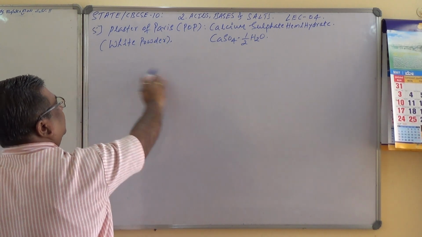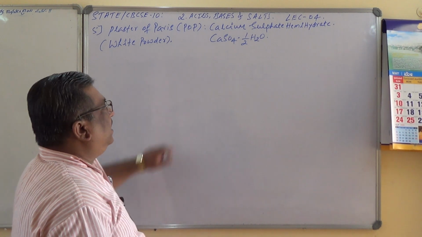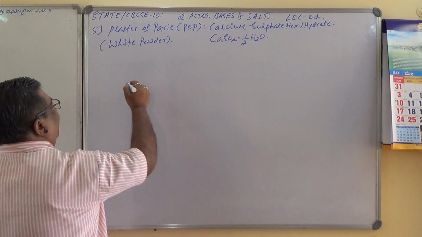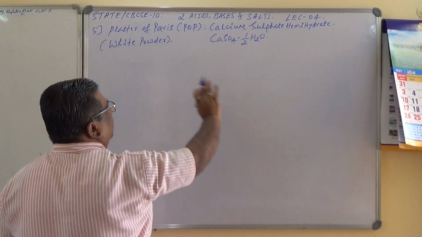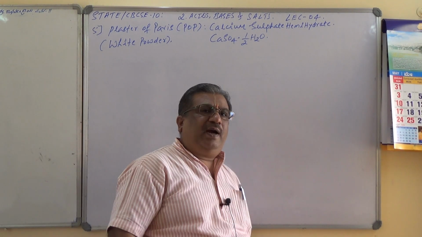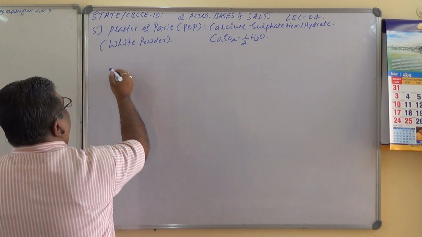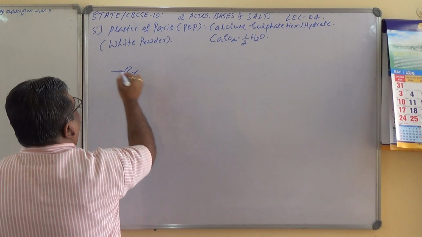How is it obtained? When we heat gypsum, it will get converted into calcium sulfate hemihydrate. So when gypsum is heated to 373 Kelvin, it will lose 1.5 molecules of water and form plaster of Paris. What is gypsum basically?